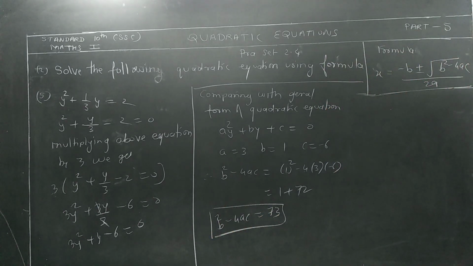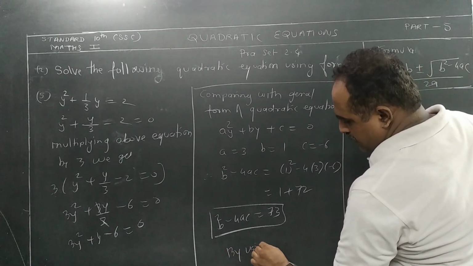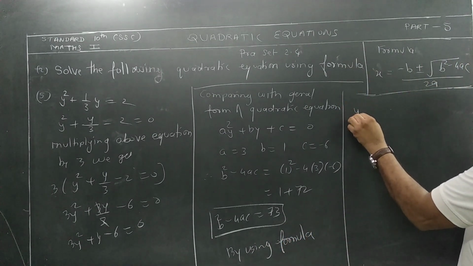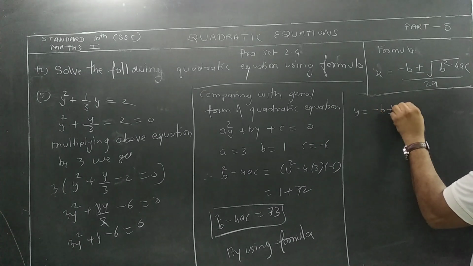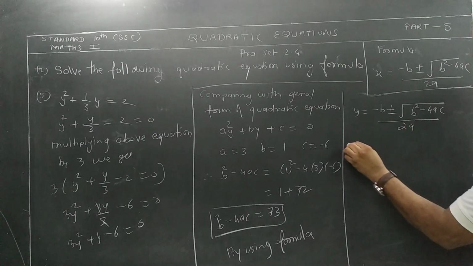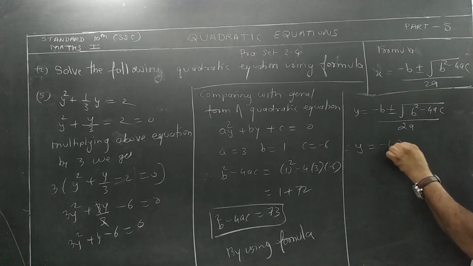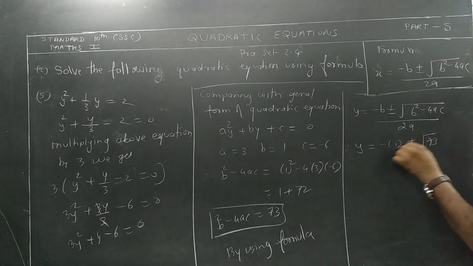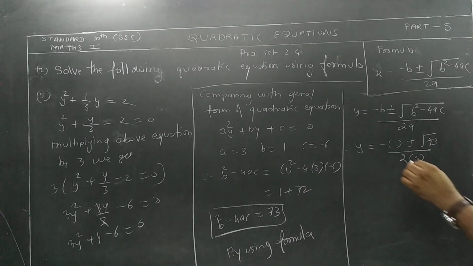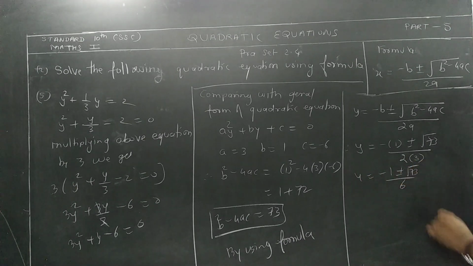Once you have that, you are going to write by using the formula. By using the formula, we get y is equal to minus b plus or minus root of b square minus 4ac upon 2a. So y is equal to minus in bracket 1 plus or minus root 73 upon 2 into 3. So what did you get now? Minus 1 plus or minus root 73 upon 6.